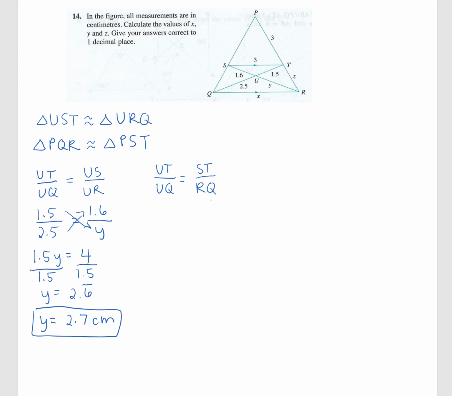Okay, so we know again UT is 1.5, UQ is 2.5, ST is 3, and RQ is X, which is what we're trying to find.